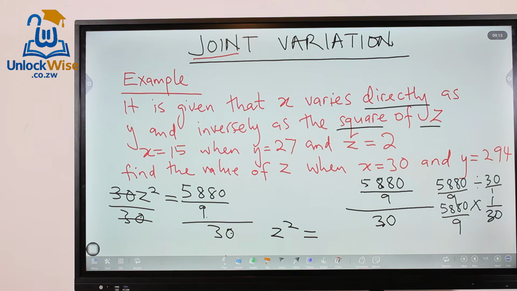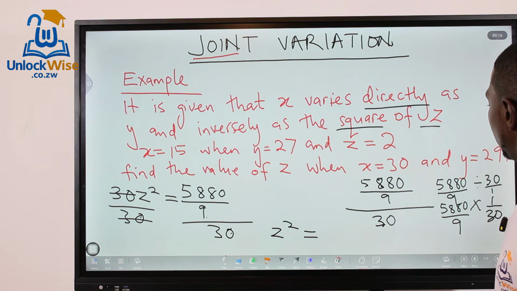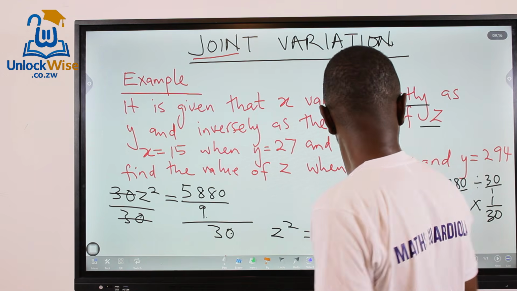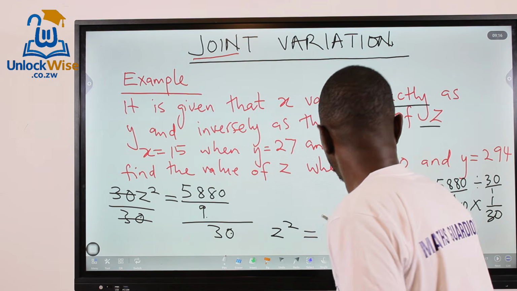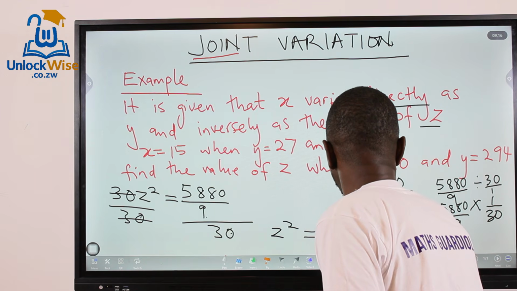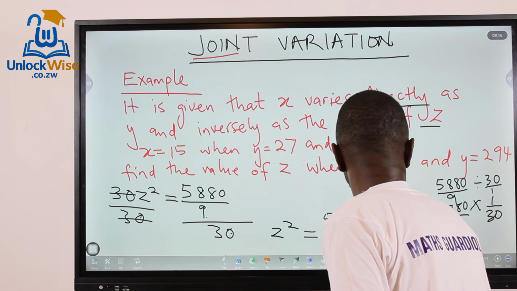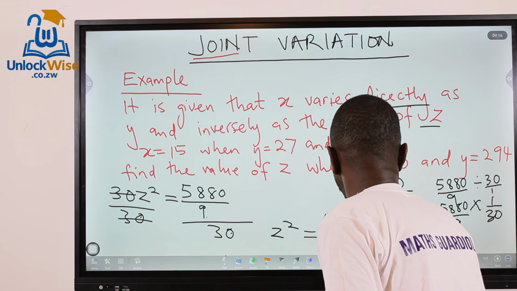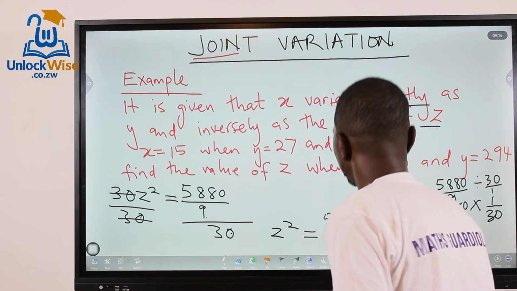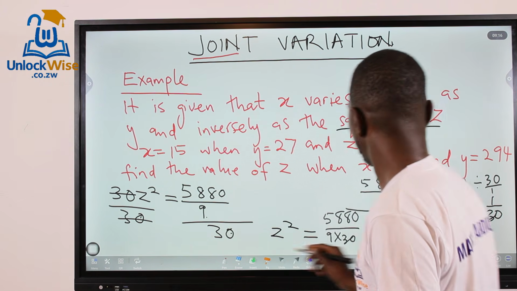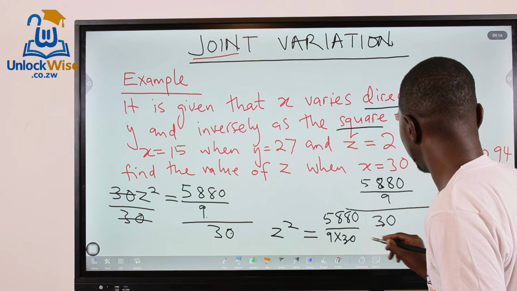And then numerator times numerator, denominator times denominator. So I'm going to be left with z squared being equal to 5880 divided by 9 times 30. Okay, we have this now.